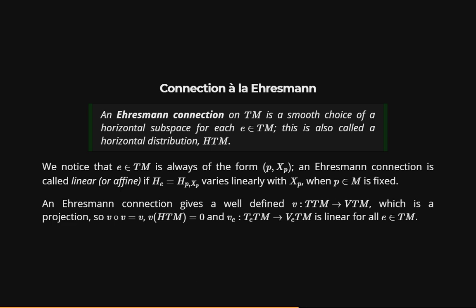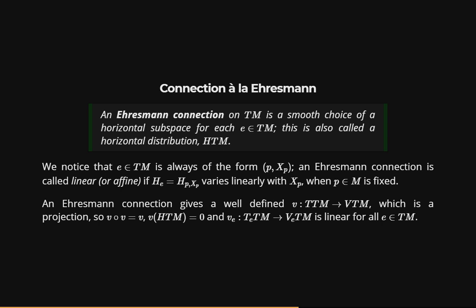Now, why does it work? There is a connection, so you have your horizontal thing everywhere, so you can project on the vertical. Because whenever you have a direct sum, you can project on either of the direct addends. So you have a splitting, you can project on the vertical part and on the horizontal part. On the horizontal part, you already know how to do it because it is more or less the differential of the projection we started with.